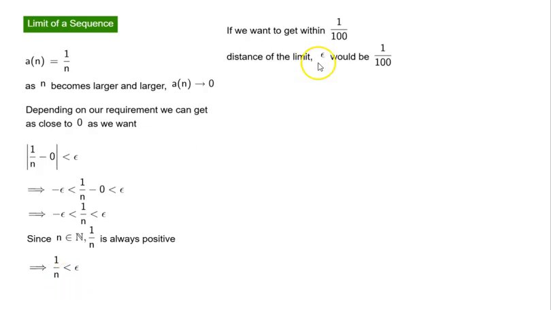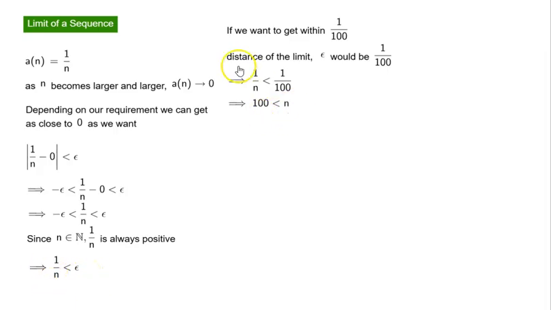For example, if we want to get within 100th distance of the limit, that is 0, epsilon would be 1 by 100. Here, remember, the limit is 0. Epsilon we are choosing as 1 by 100. We want to get that close to 0. That implies 1 by n is less than 1 by 100.